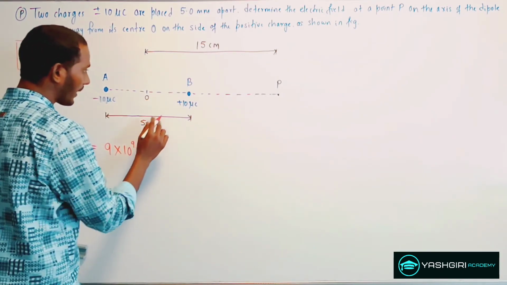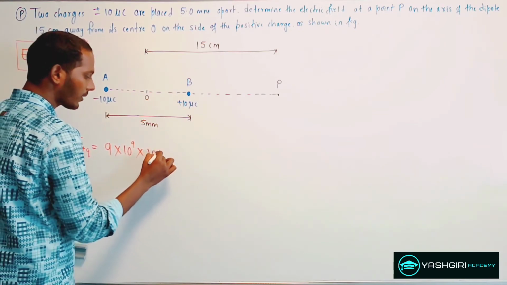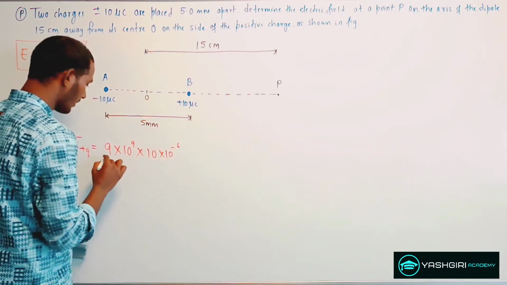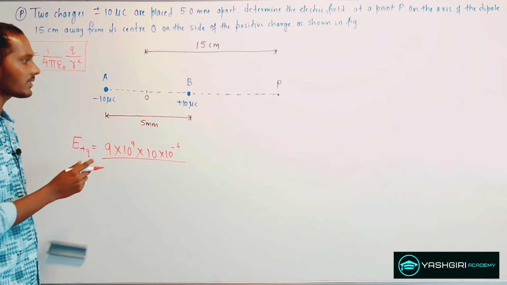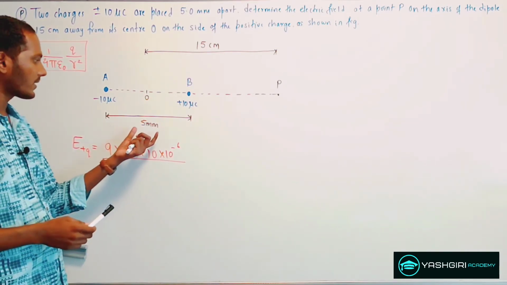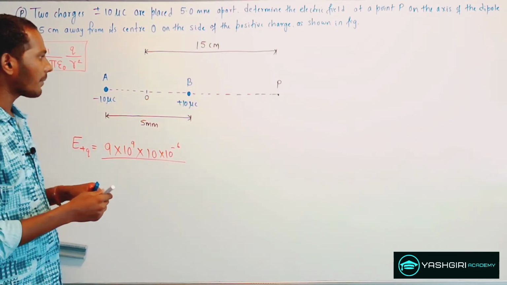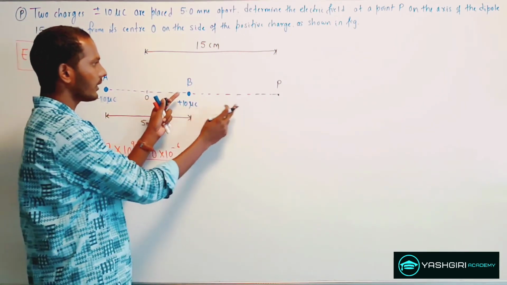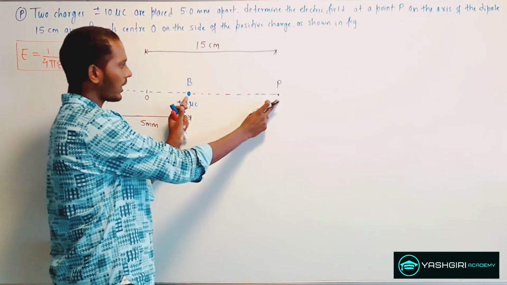into the magnitude of the charge, that is 10 microcoulomb, 10 raised to minus 6, divided by the distance at which you are going to measure. So here, this is given as 5 mm, and I'm interested in measuring the electric field from this positive charge.